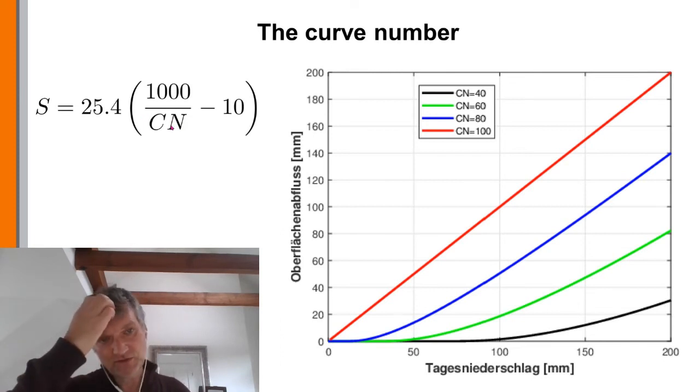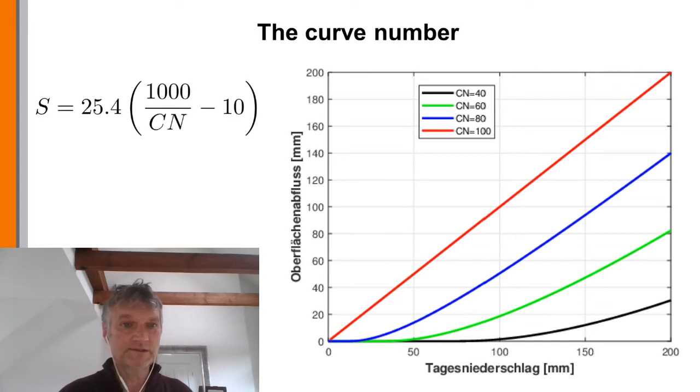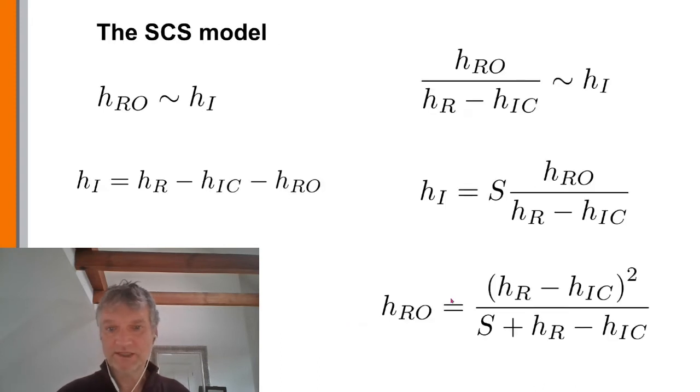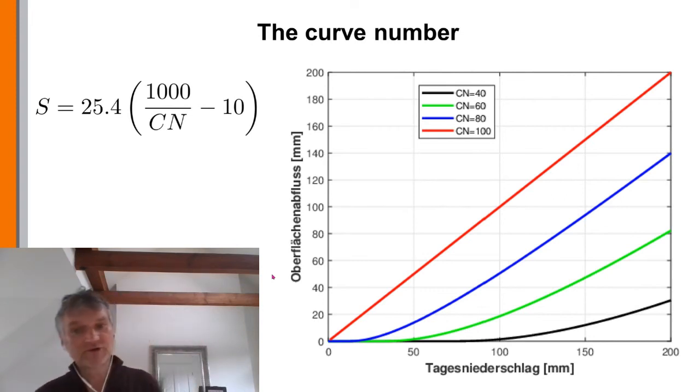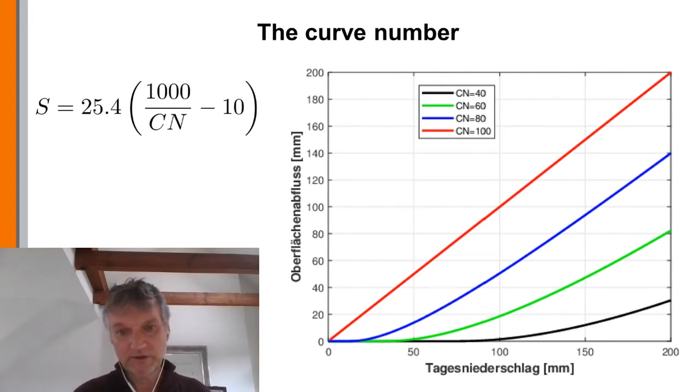Let us show how the curve number works. So when we have a curve number of 100, then 1000 divided by 100 is 10, minus 10, then S is 0. When S is 0, let's look at this equation, then the surface runoff, the runoff rate, is the same as the rainfall height. So every effective rainfall leads to runoff. So this is the equation.